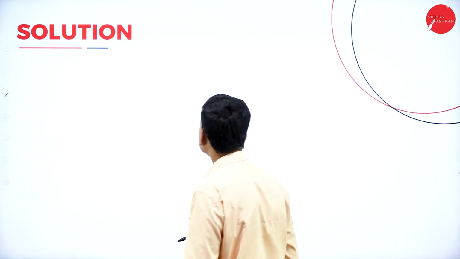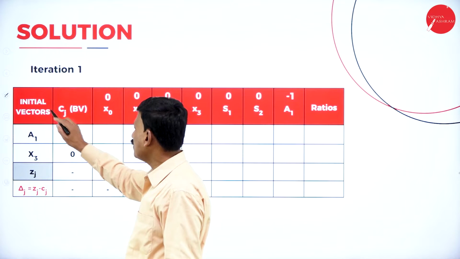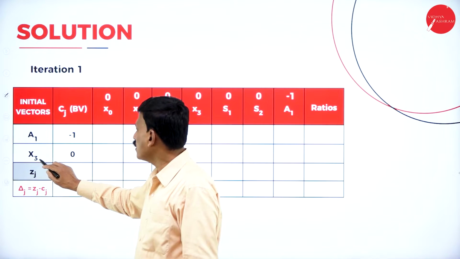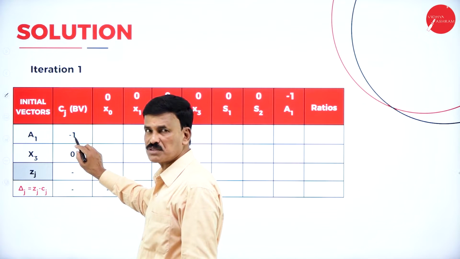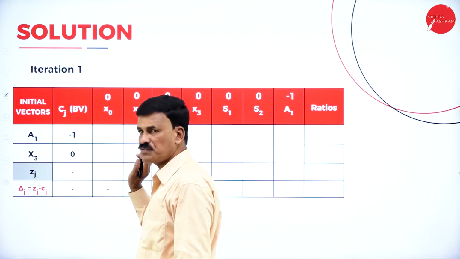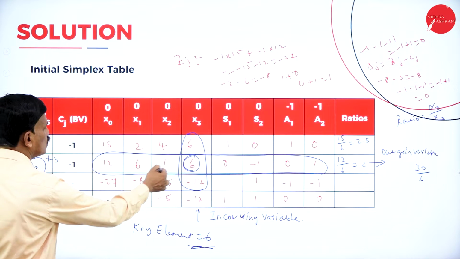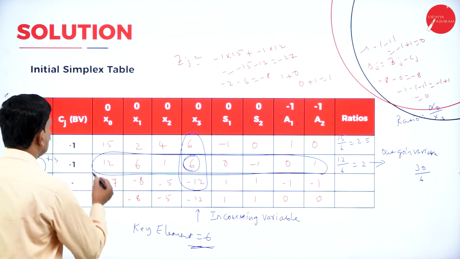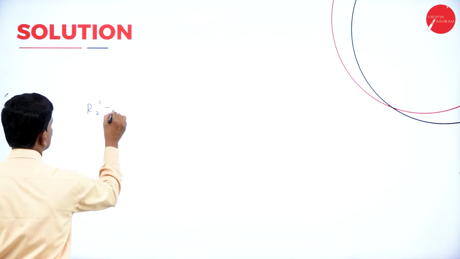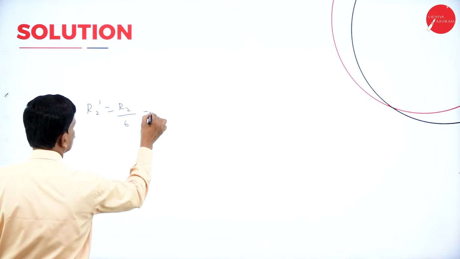Now, let us come to iteration number 1. In the initial vector, A2 is replaced by x3. The coefficient of A1 is minus 1 as it is, and the x3 coefficient is 0. Now R2 dash is equal to R2 divided by 6.